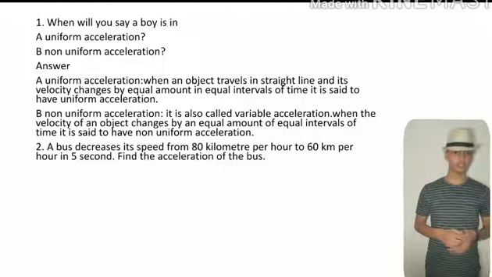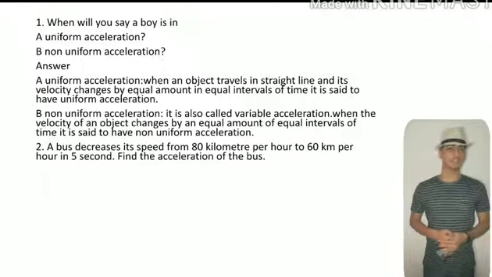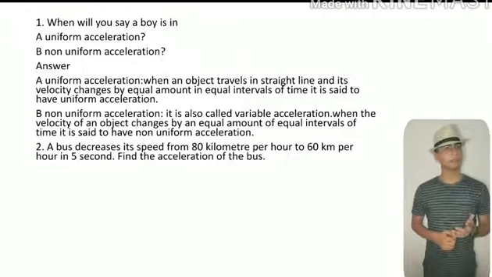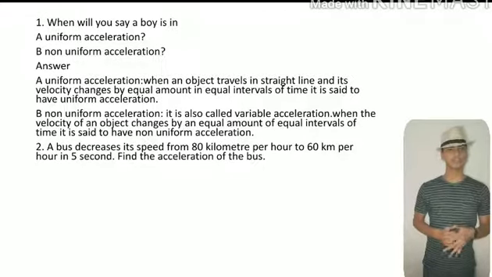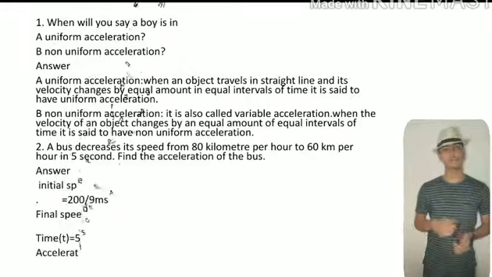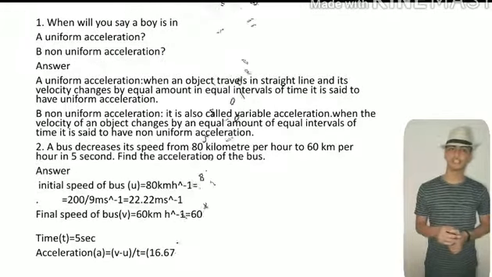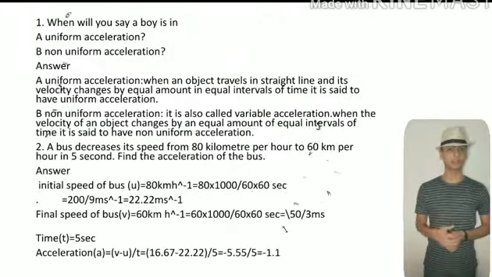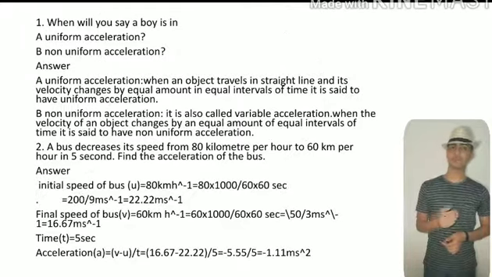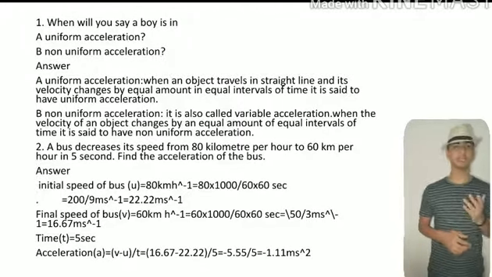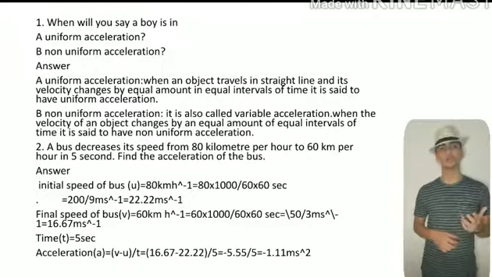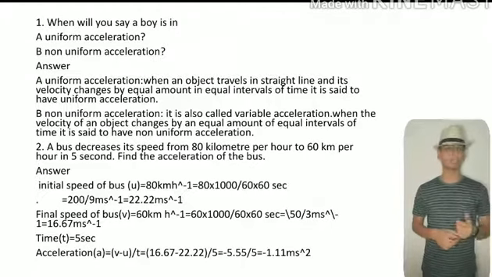Considering the second question: a bus decreases its speed from 80 km per hour to 60 km per hour in 5 seconds. Find the acceleration of the bus. The answer is quite simple. The initial speed of the bus U is 80 km per hour, that is 80 into 1000 divided by 60 into 60 seconds, making it 200/9 meter per second, equivalent to 22.22 meter per second.